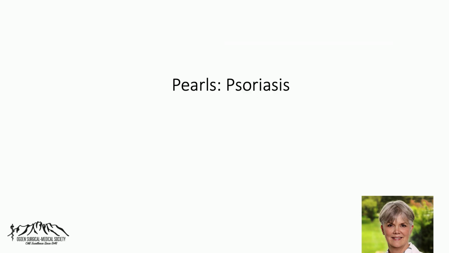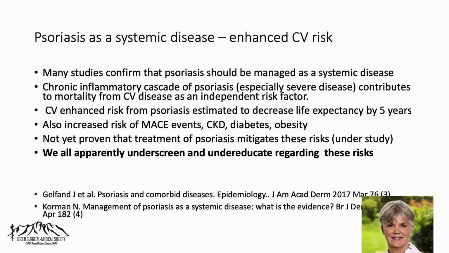Okay, psoriasis. I apologize for moving fast, but that guy gave me 50 pearls. Psoriasis is a systemic disease. That's the pearl. In some people it's mild enough that you don't really need to worry about this, but psoriasis in general, we are learning, creates a sort of chronic immune cascade that can affect the patient in many ways, including increasing, as an independent risk factor, their mortality from cardiovascular disease.